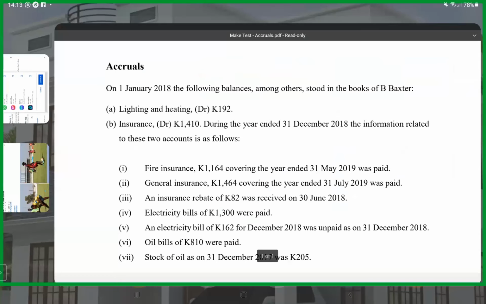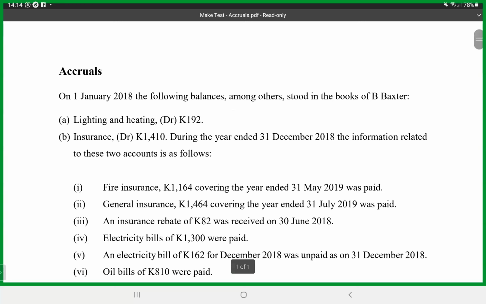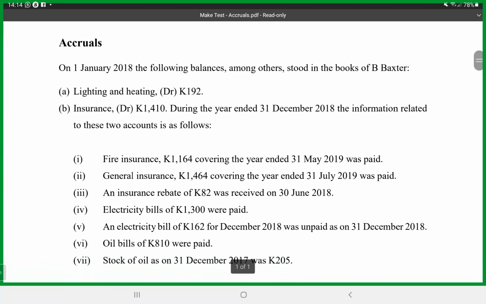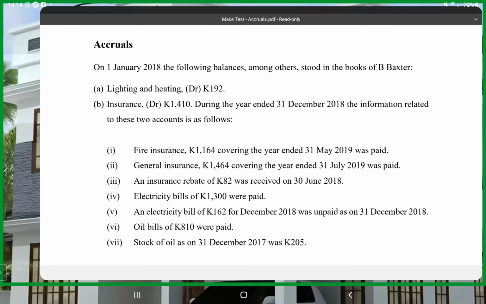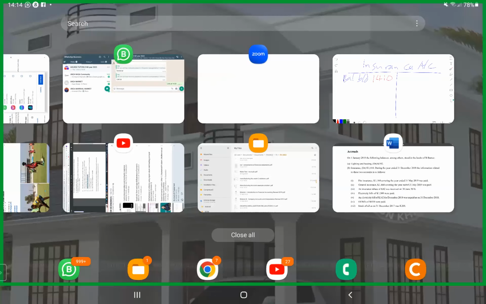So how much are the amounts? The debit balance is 1,410. So that's the debit balance, the opening balance for insurance.